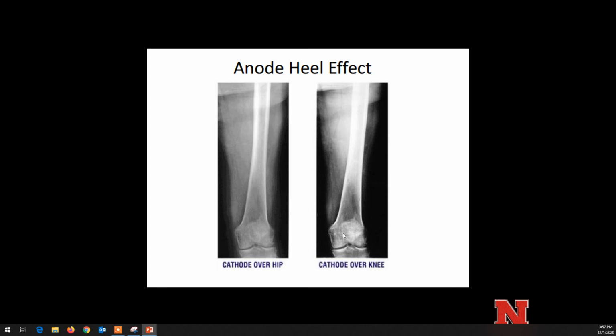You can't even see the soft tissues because they're completely bled out through the over-penetrating, higher intensity cathode part of the beam, and you have more trouble seeing the thicker parts here because the anode side of the beam is less intense. So we position the patient relative to the cathode and anode with the thicker part being cathode directed. It creates a more uniform, better image with less overall radiation exposure.